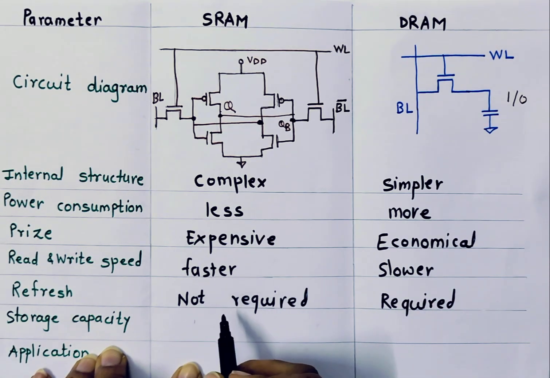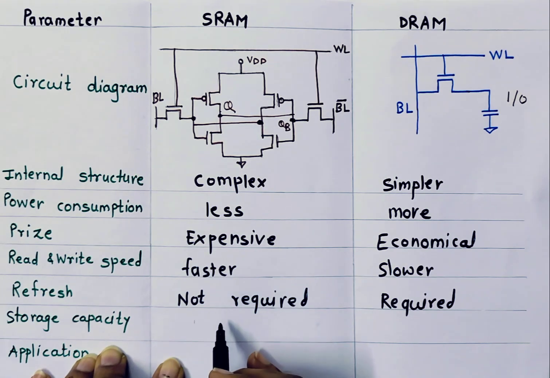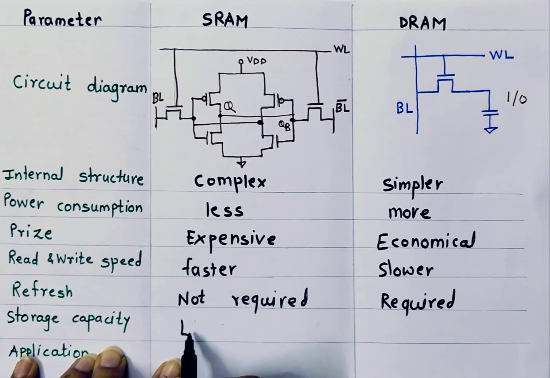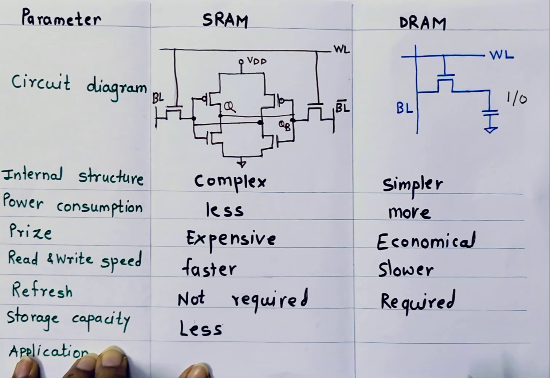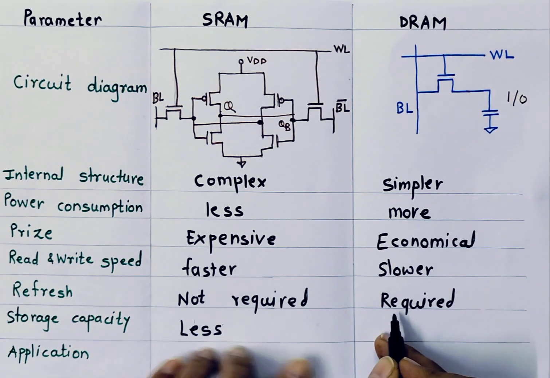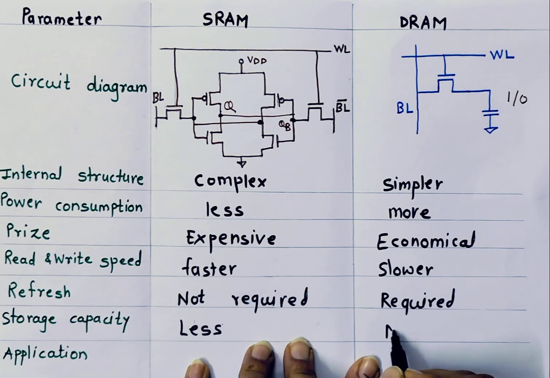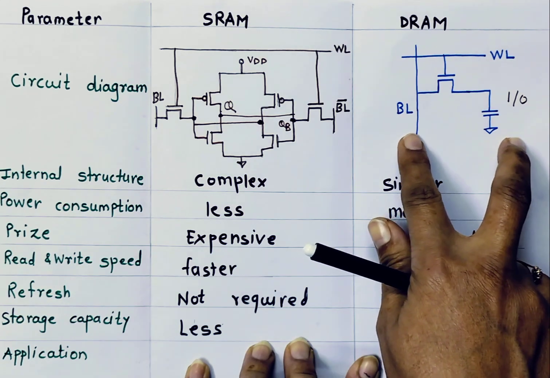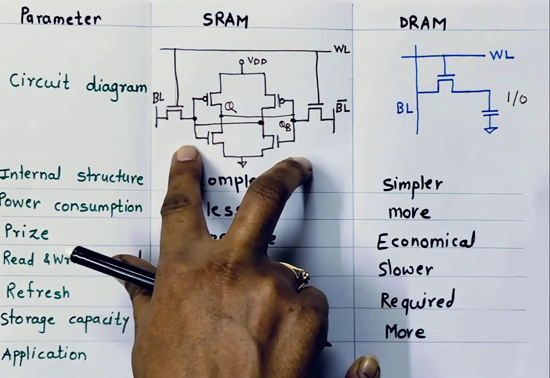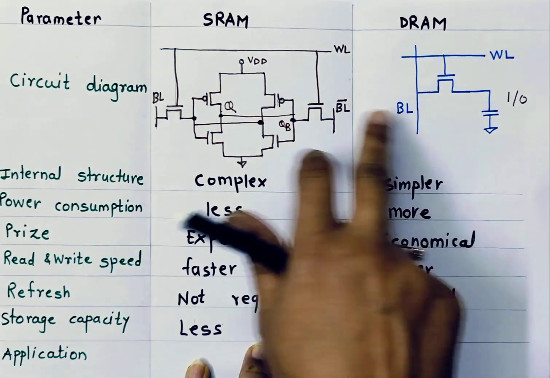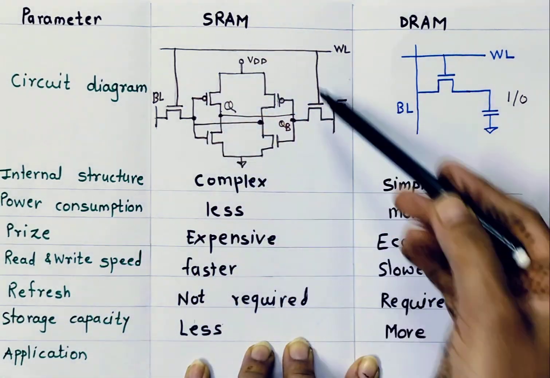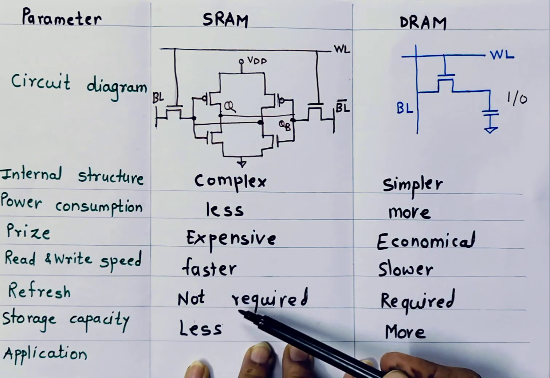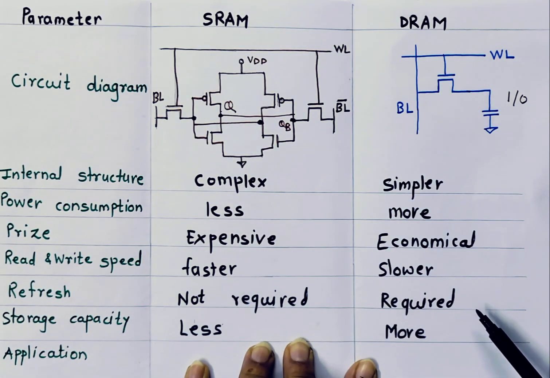So storage capacity in case of SRAM is less. It means it stores less number of bits, whereas DRAM stores more number of bits. Because to store 1 bit of data, it needs less space, whereas to store 1 bit of data, see, these structures store only 1 bit of data. So it needs more space. So density is less here, density is more.